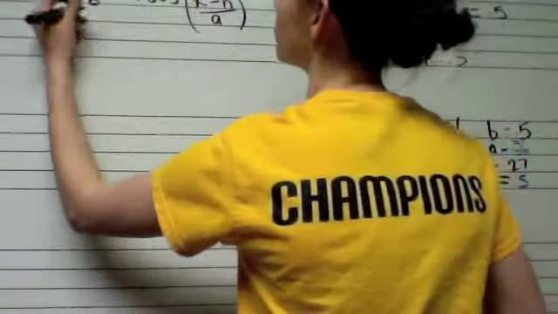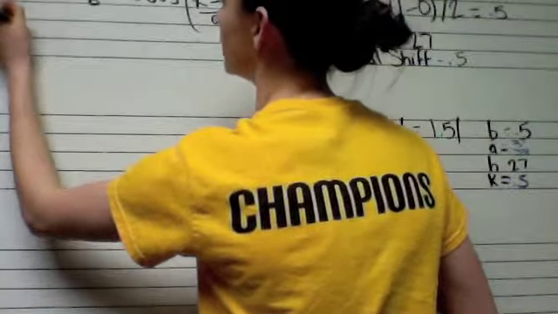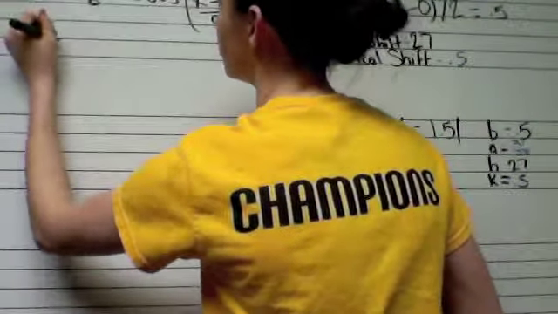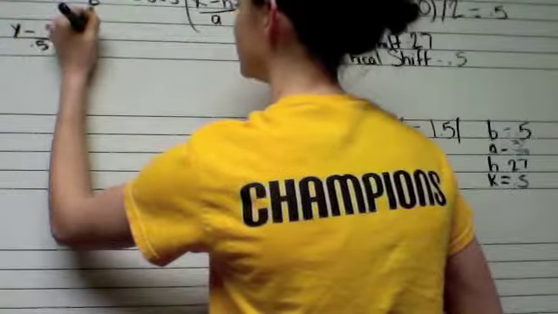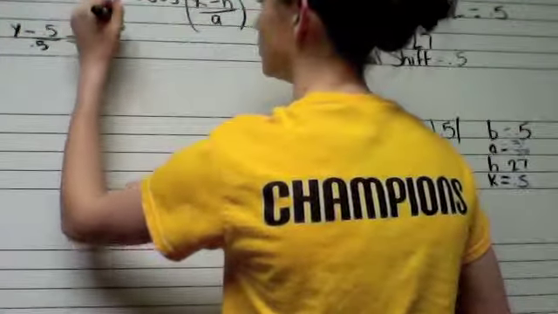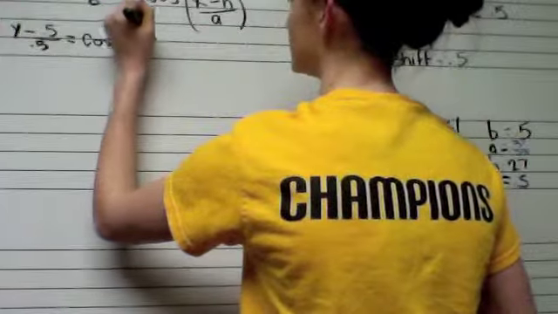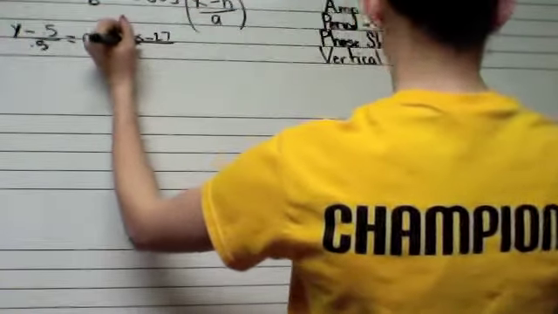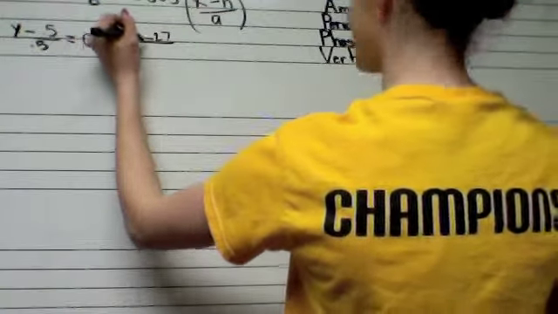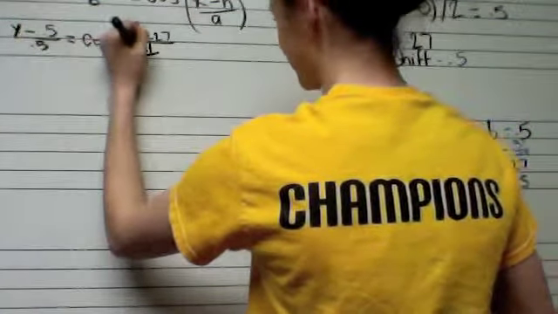So you'll have y minus 0.5 over 0.5 equals cosine of x minus 27 over 31 over 2 pi.